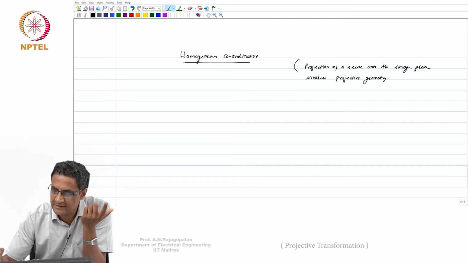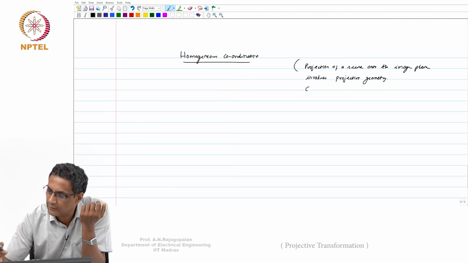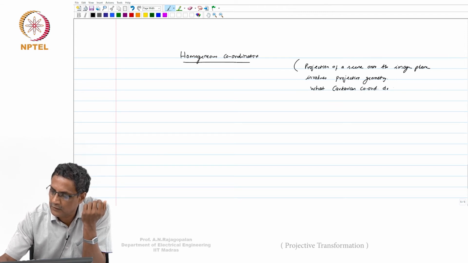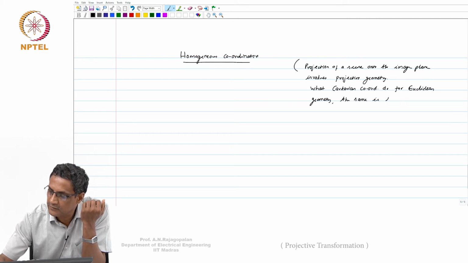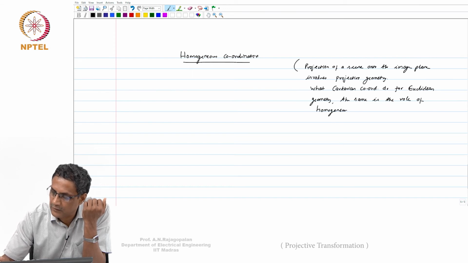Just as what the Cartesian coordinates do for Euclidean geometry, the same is the role of homogeneous coordinates for projective geometry.